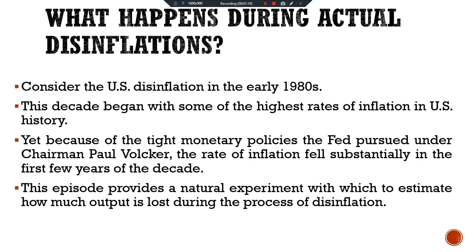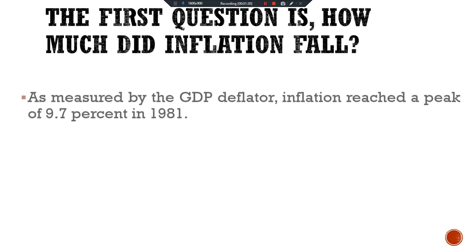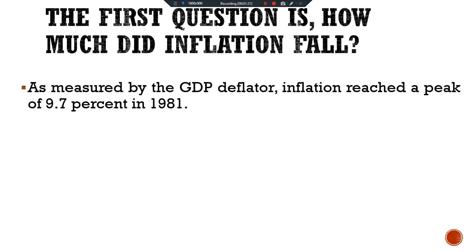So let's discuss the first of the main questions here. The first question is, how much did inflation fall? As measured by the GDP deflator, inflation reached a peak of 9.7% in 1981.